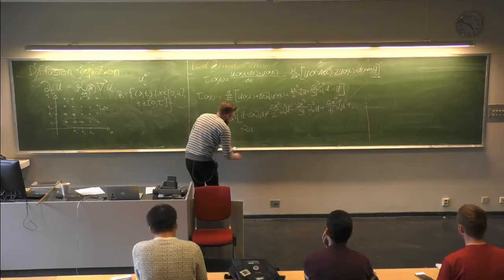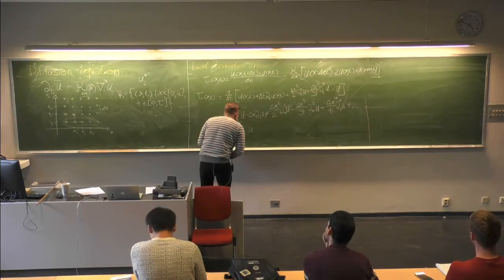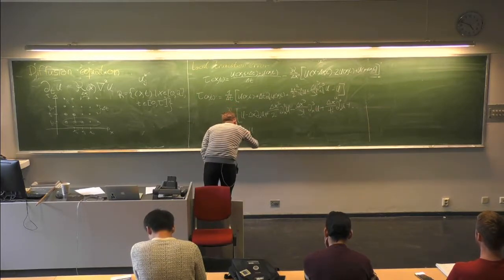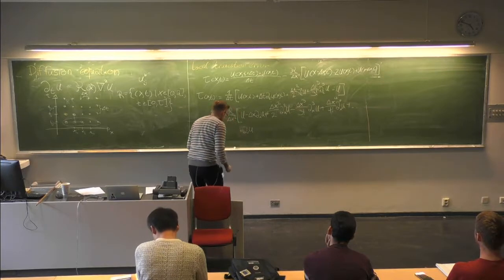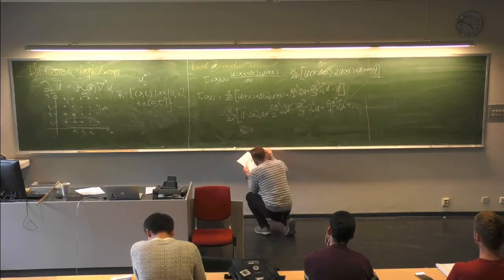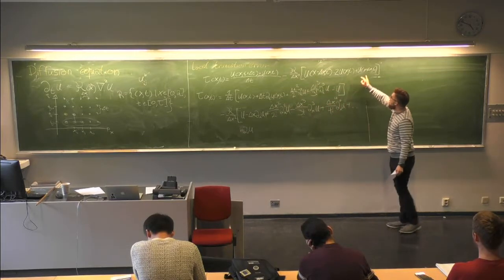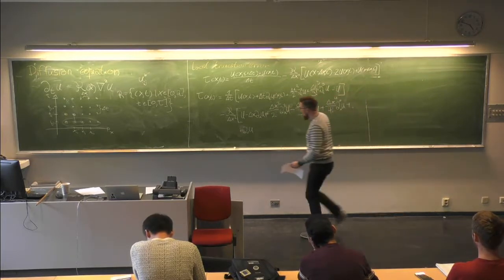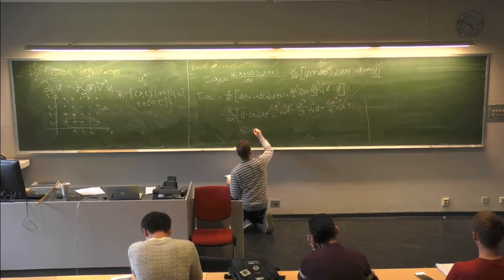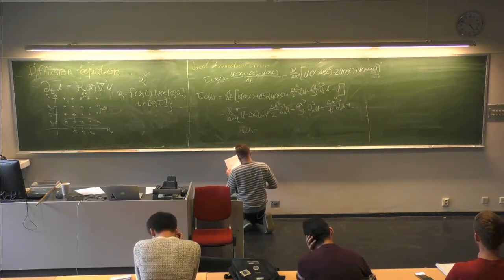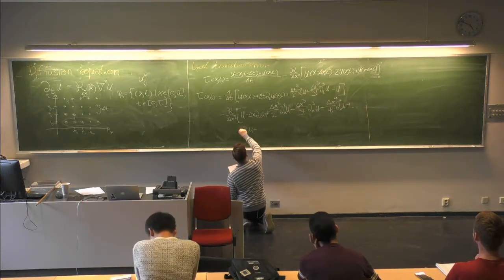So let's add 2 plus 2. And if we use the rightmost, then we don't have the alternating. No, it's minus 2.